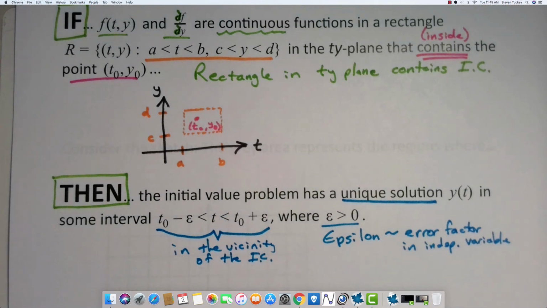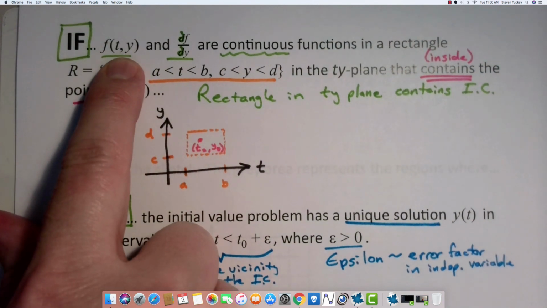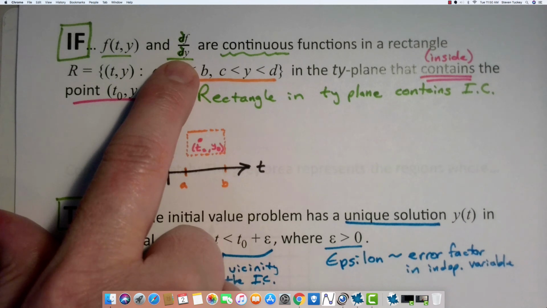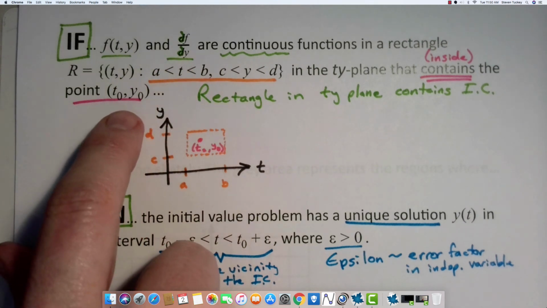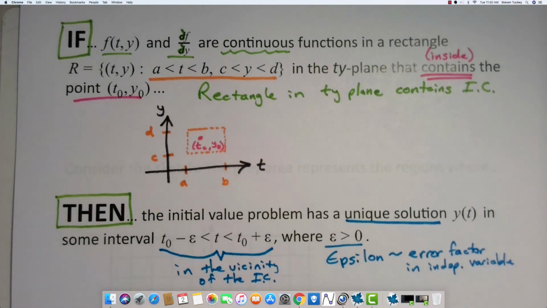Now for our purposes, this is really more of a weapon than we need for everyday purposes here. But really, this is just guaranteeing us that as long as we can show that our differential equation and the partial derivative of our differential equation with respect to y are continuous, and we've got an initial condition within some kind of rectangle, within some view, then there's going to be a unique solution in that view. So let's see how this plays out and what this really means on the next page.